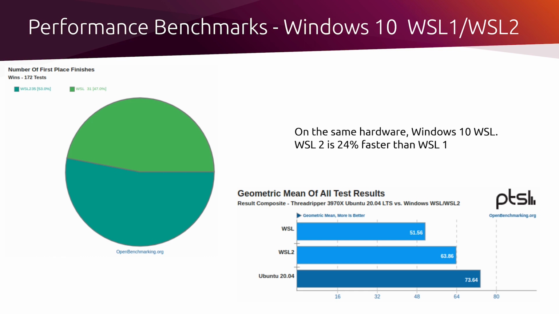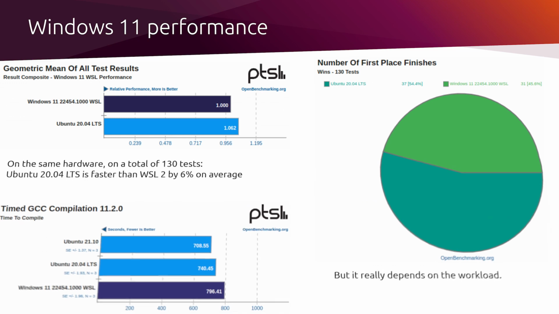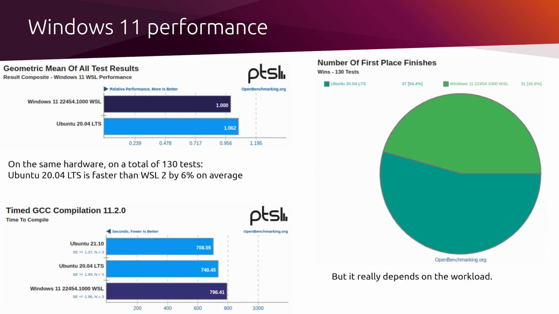And we see here also a huge difference between WSL2 and Ubuntu on hardware. But this test is 2 years old, so we'll see that WSL2 caught up a little bit, and more than a little bit actually. So this is the performance of WSL2 on Windows 11.